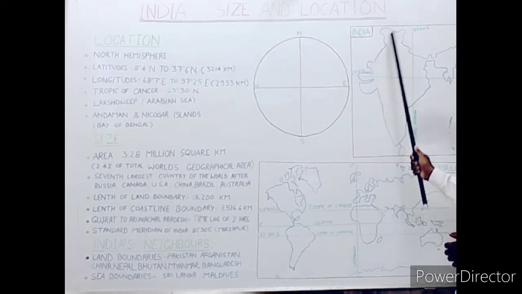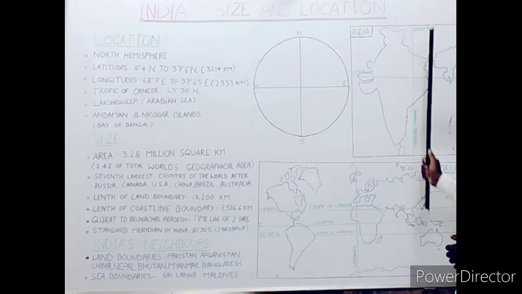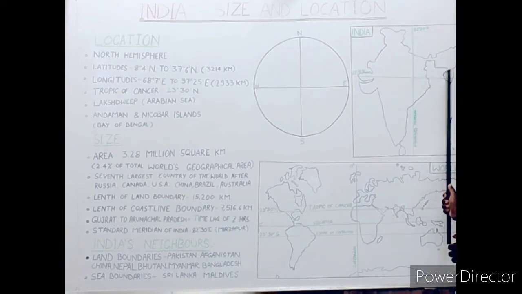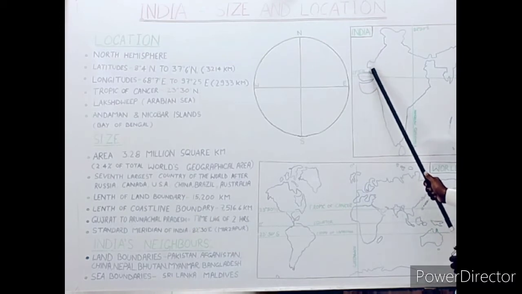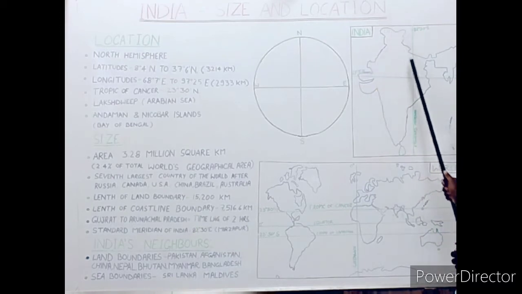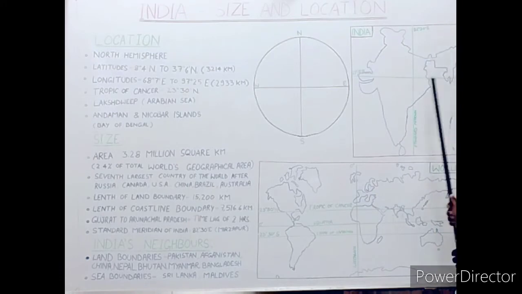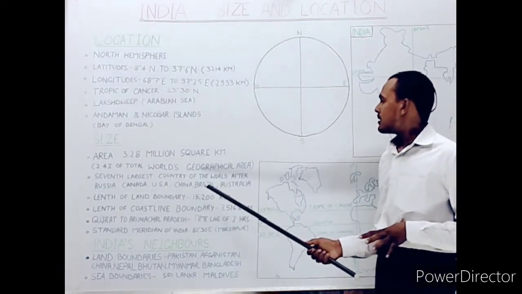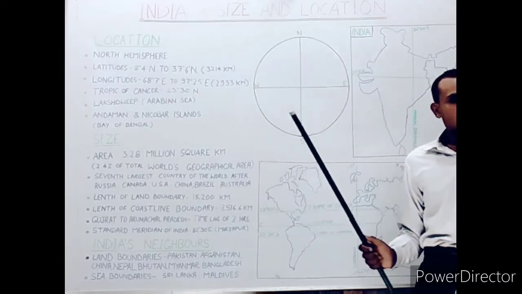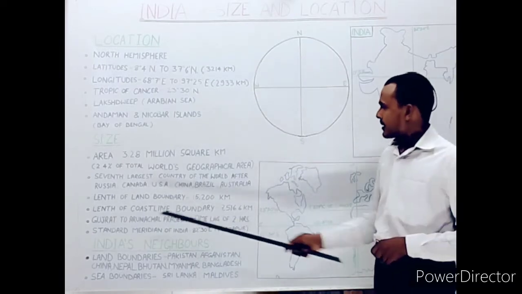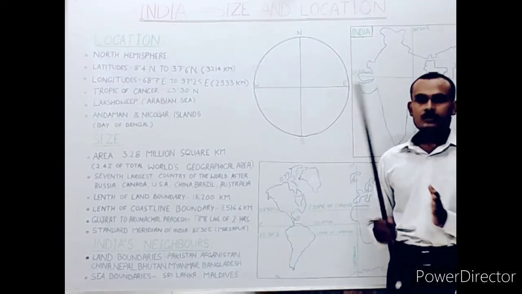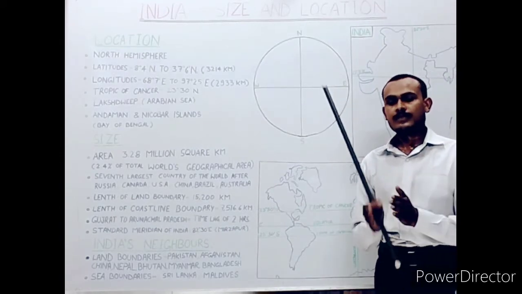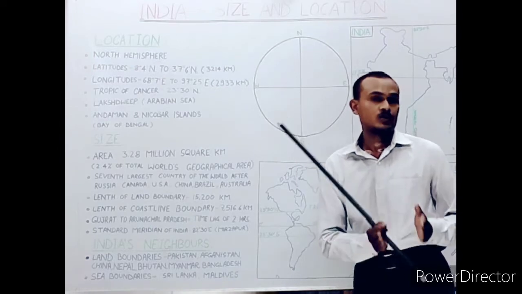Here is Pakistan, Afghanistan, China, Nepal, Bhutan, Bangladesh and Myanmar. The total length of the land boundaries is 15,200 kilometers.